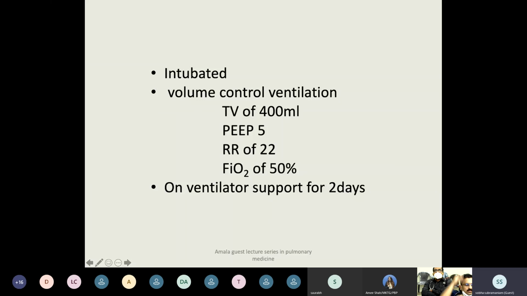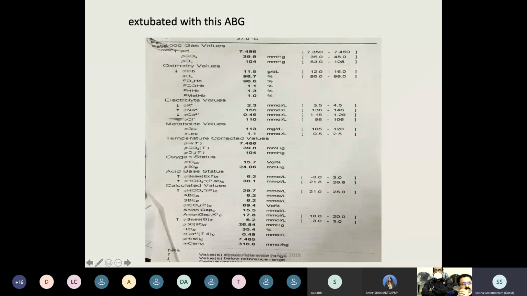And she was kept on ventilator support for 2 days. After 2 days, these were her ABGs. So look at the pH, 7.486. So it is in the alkalotic range. PCO2 is 39.8 and PO2 is 104. She is on FiO2 of 24%.